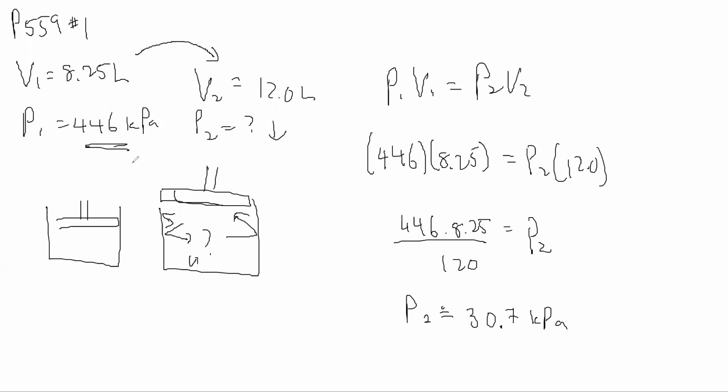Did the pressure decrease? Nope. Did I miss a? Oh, it's 12, not 120. That's stupid of me. 107, 106.6, so 107 kPa. So yeah, the pressure did decrease after all, just like we predicted.